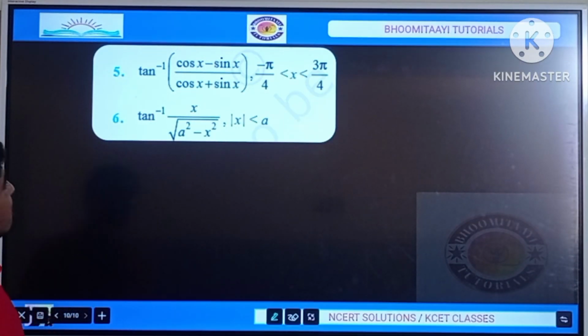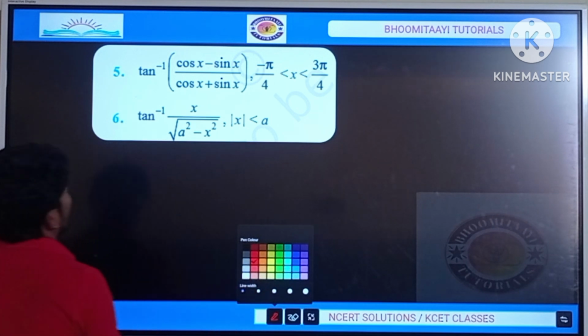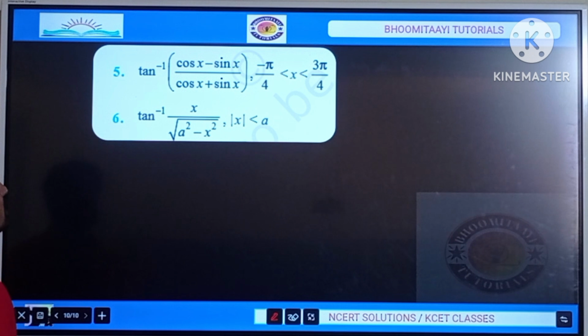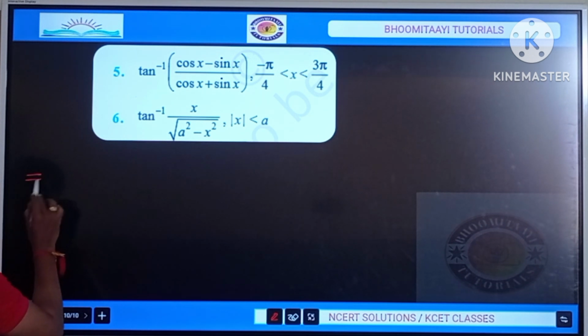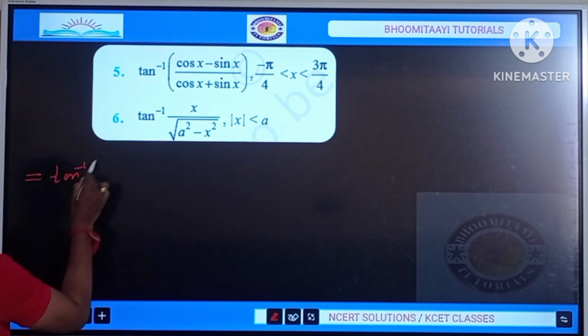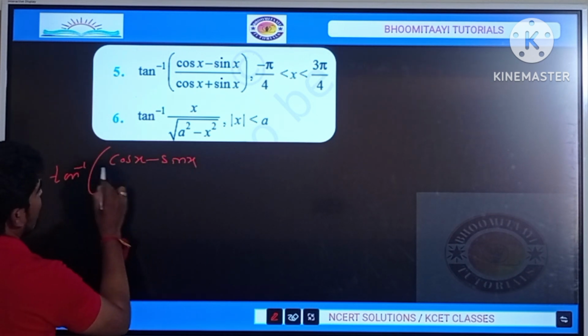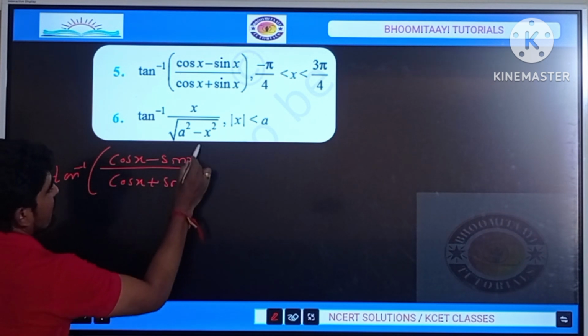Fifth question is the same thing, write the simplest form of tan inverse of cos x minus sin x divided by cos x plus sin x. So let us start. Fifth question, tan inverse of cos x minus sin x divided by cos x plus sin x.